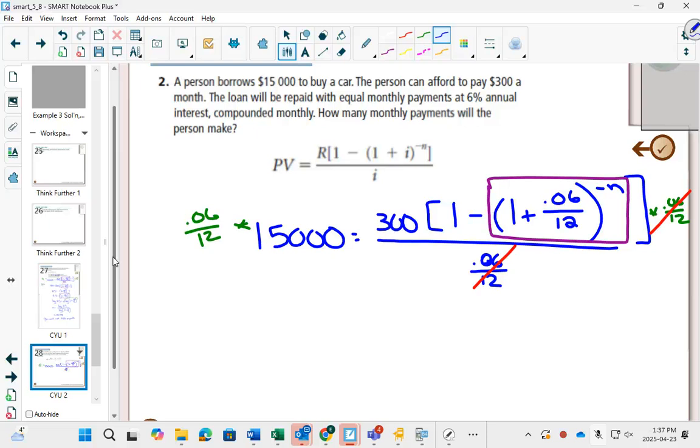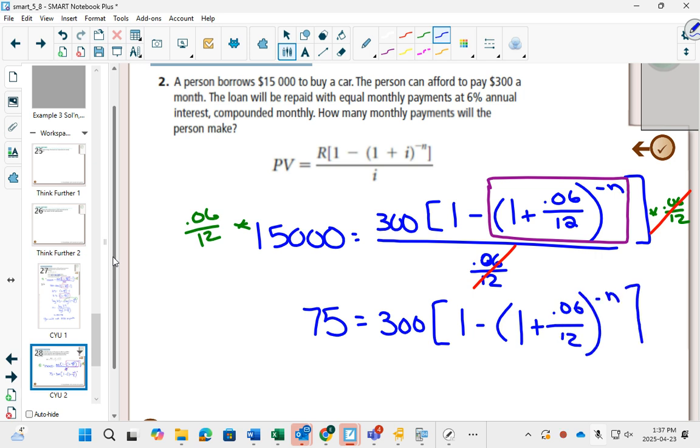You get 75? So rewrite everything. Make sure you include all the brackets. Don't forget a negative. Next, I'm going to divide by the 300. 0.25.